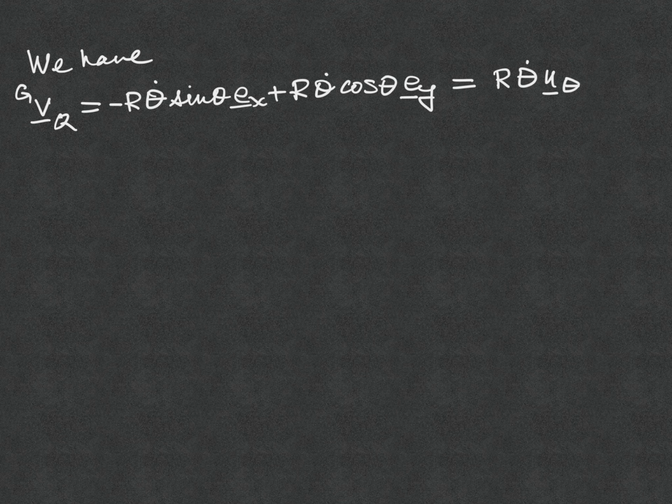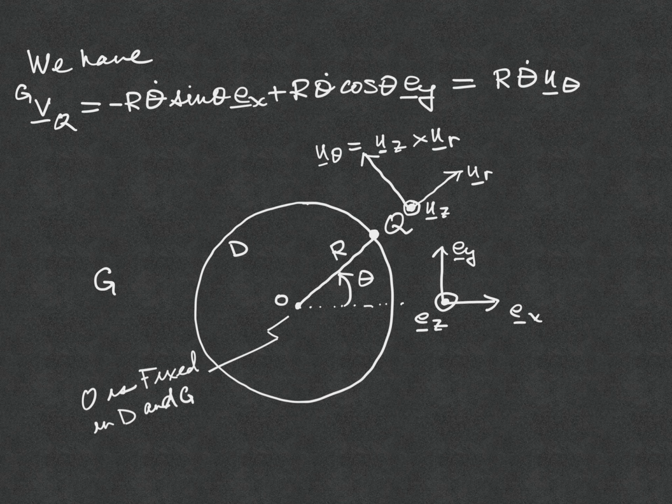And here's what I mean when I say that it conforms to the geometry. So recall the diagram that we drew earlier. Here's that diagram. Now you'll notice that the direction of the velocity of point Q is in the same direction as u theta. If I draw this, that direction is along u theta. Now I'm going to try to get this as close to parallel as possible.